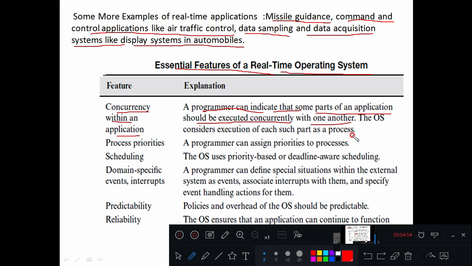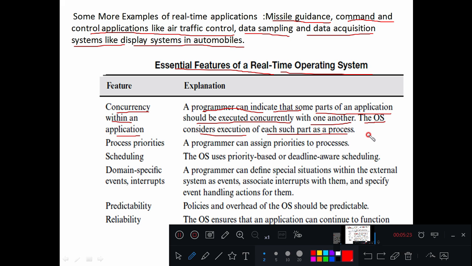another, right? So let us say a system is divided into a number of subsystems, and if all these subsystems are independent of each other, that is, one result does not depend on another subsystem's result, in that case the operating system or the user can execute such subsystems in parallel, and that is the concurrency. The OS considers the execution of each such part as a process.